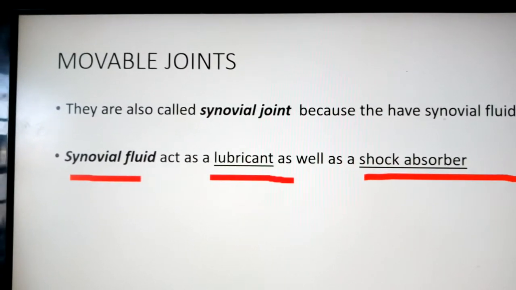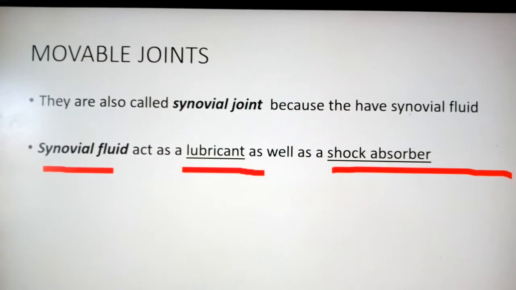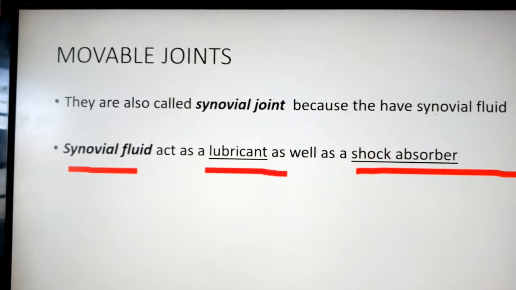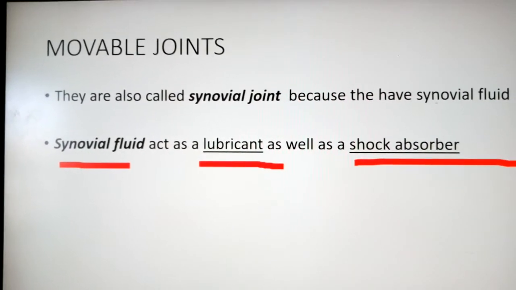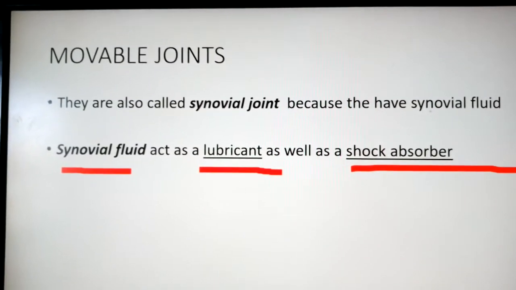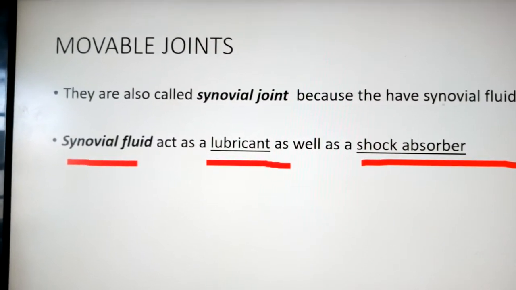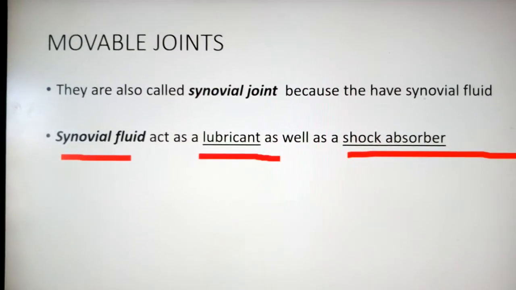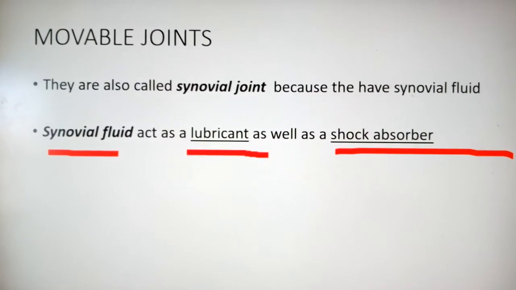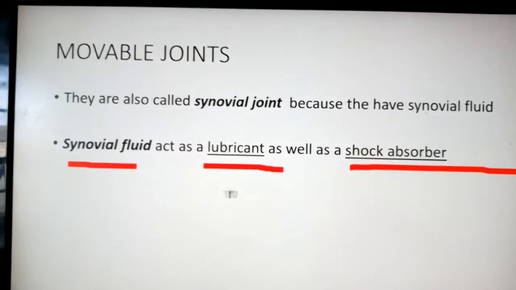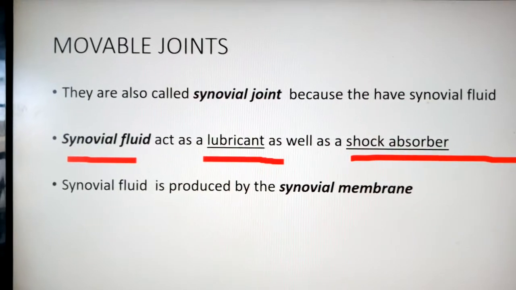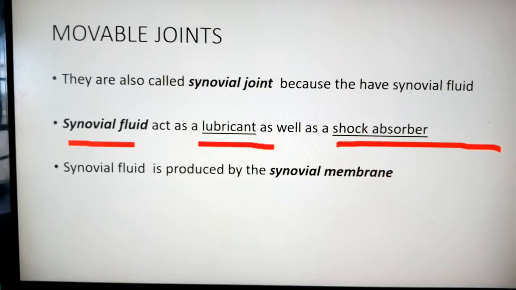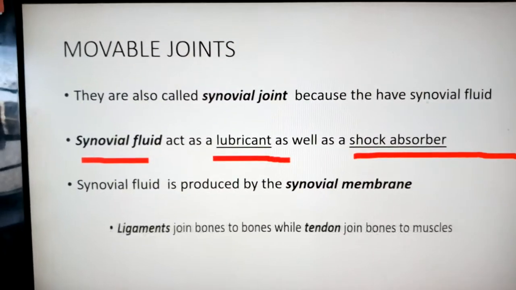It acts as a lubricant because much friction may develop when the joints are moving, and such friction is eliminated by the synovial fluid. It also acts as a shock absorber in case of pressure exerted on the joint. The synovial fluid may prevent you from feeling the pain associated with that pressure. That synovial fluid is produced by a membrane which is called the synovial membrane.